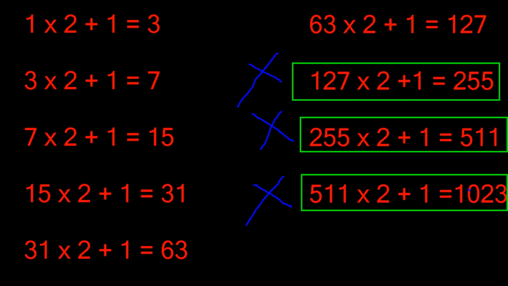Monish, why are these three wrong? 127 into 2 plus 1, 255, correct? For calculation it is okay, sir. This is one interview question.